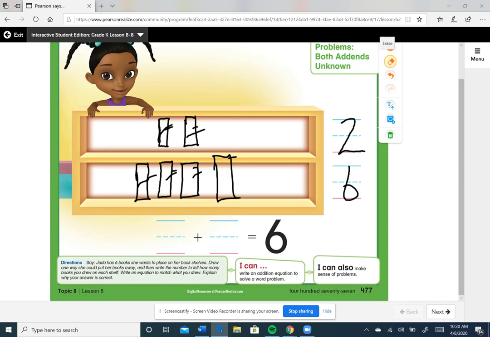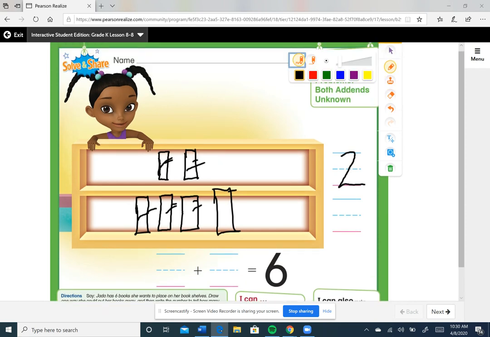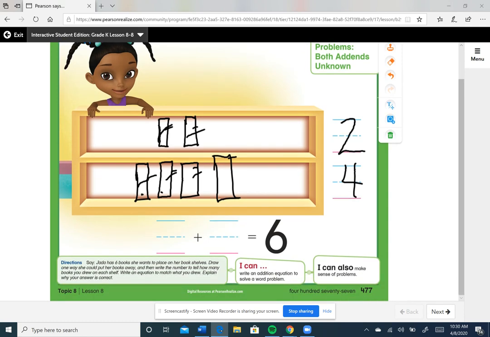Whoops, making all kinds of mistakes today. How many do I have on my bottom? 1, 2, 3, 4. So now we have to write that equation using these numbers. So we have 2 plus 4 equals 6. Awesome.